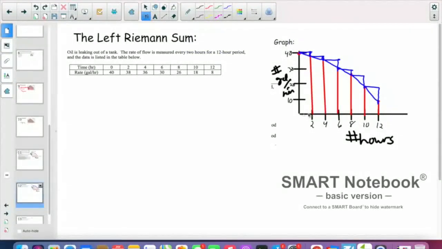This width is 2. In fact, all of the widths are going to be 2. And then the height is going to be where we are on the rectangle. So this is going to be 2 times 40, so this rectangle will be 80.